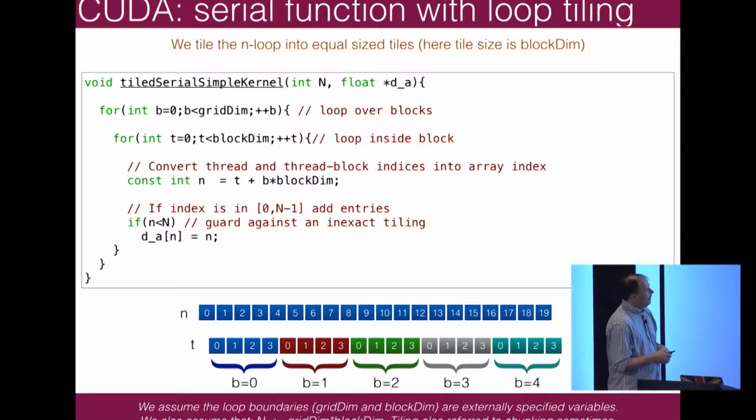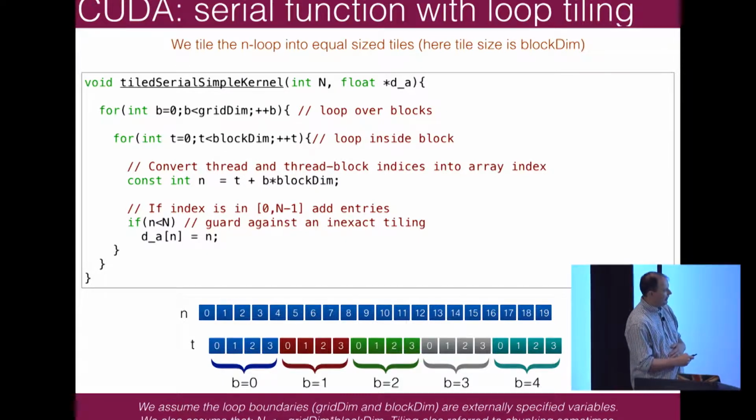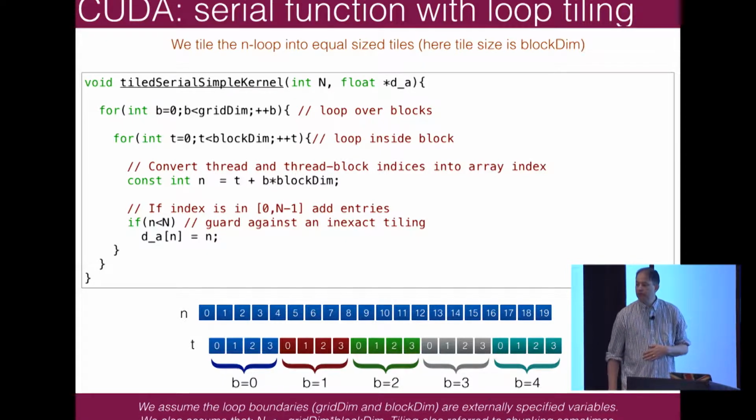And now, because I've got this double index, I've got to reconstruct where I am in the array based on my block number and my thread number. Okay? And a simple formula says I'm going to stride by the size of the block, in this case 4, times the block index, so 0, 1, 2, 3, and that would give me the start of this block, and then the thread tells me the offset within the block.